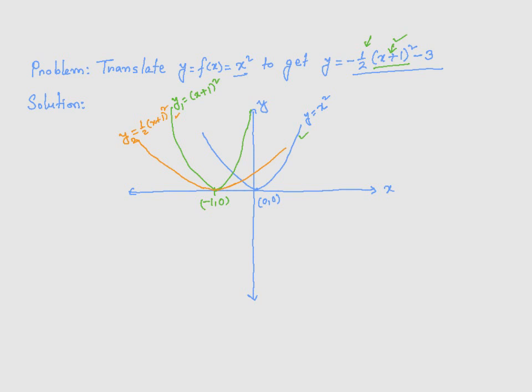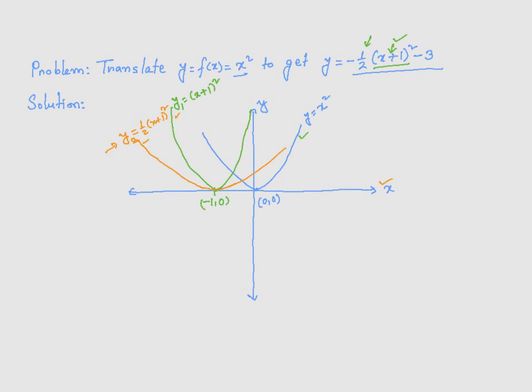Now I'm going to take this y2 function and multiply it by negative 1. The effect of multiplying by negative 1 is reflecting it about the x-axis. So this brown graph is going to be reflected about the x-axis.